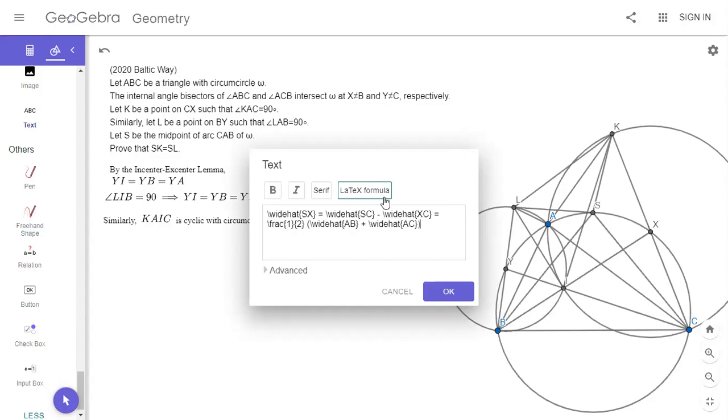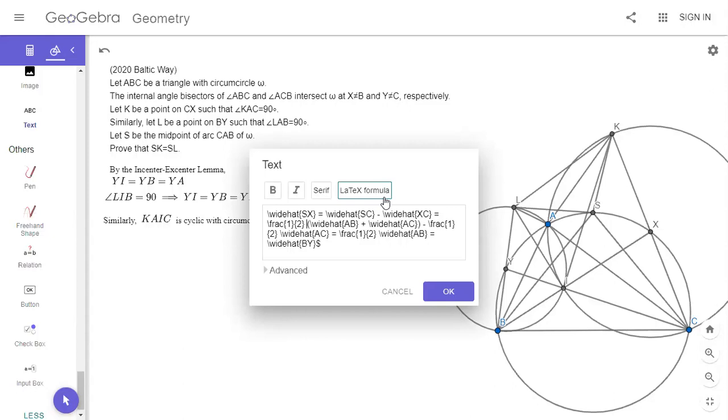Okay. And XC is half of AC. So this is half of arc AB, which is arc BY.